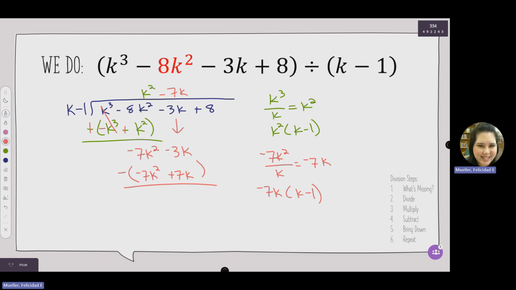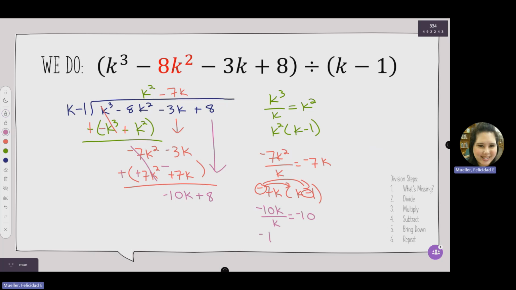It is a plus because, again, when you multiply this through, we have two negative signs. Two negatives make it positive. So plus, plus, minus. 7k squareds cancel out. Negative 3 minus 7 is going to be negative 10k. Bring down the plus 8. So now we do negative 10k divided by k, and we get negative 10.